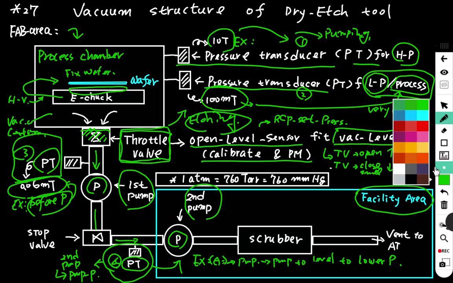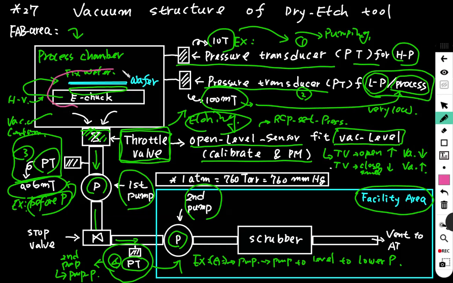And you can see that the physical and chemical reaction with the wafer and the process gas also vacuum through this way and to the facility area, to this scrubber.